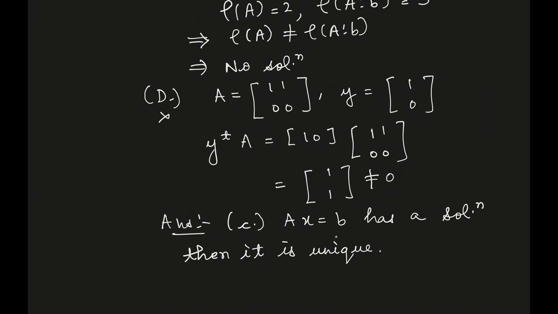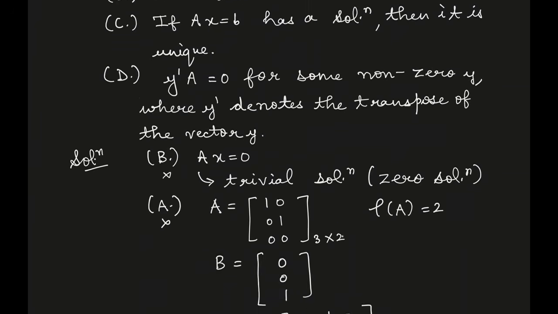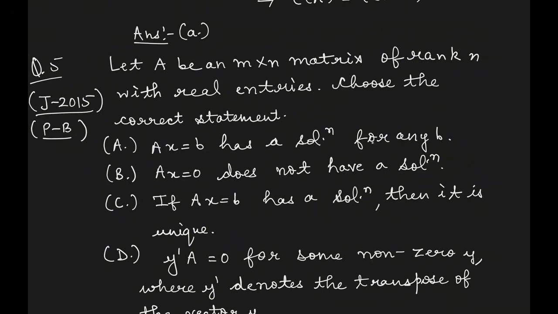That why Ax equal to b has a solution, then it is unique, because rank is given as n. Rank is full. Rank of A is n, and n is number of variables. Whenever rank is full, then it will have unique solution.